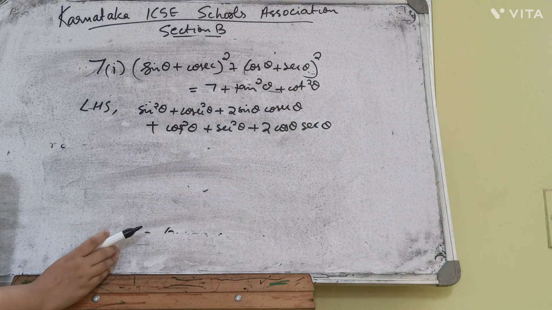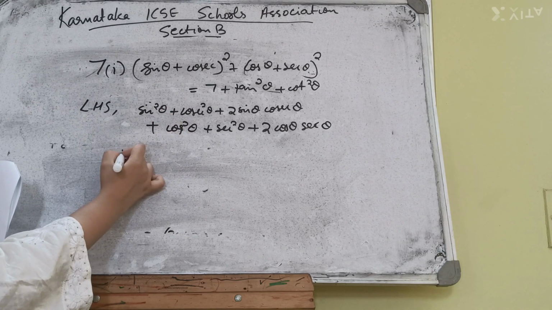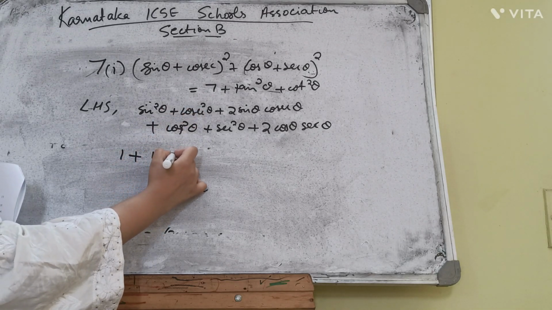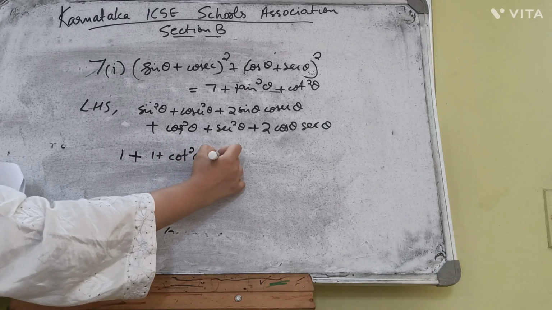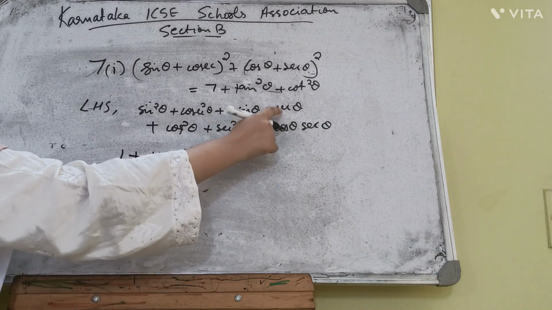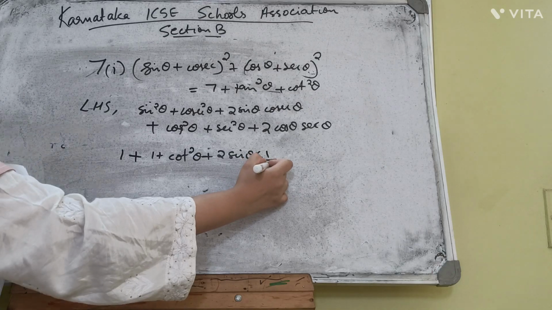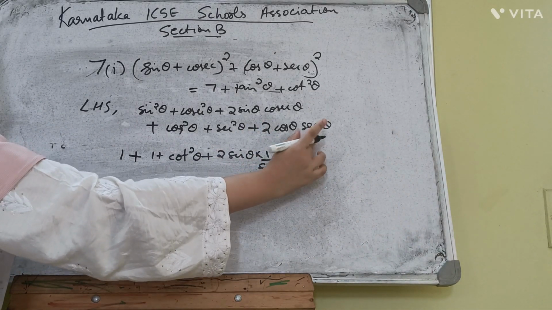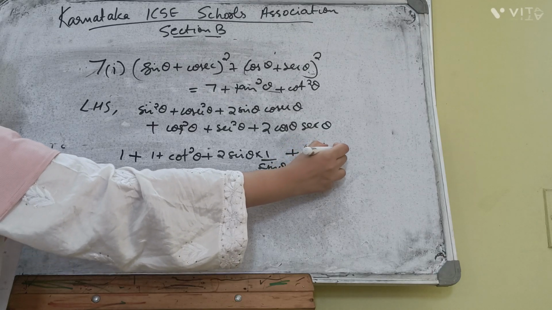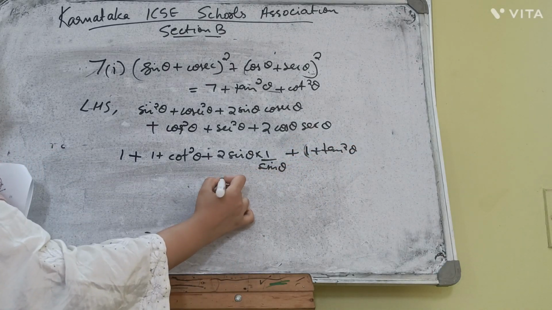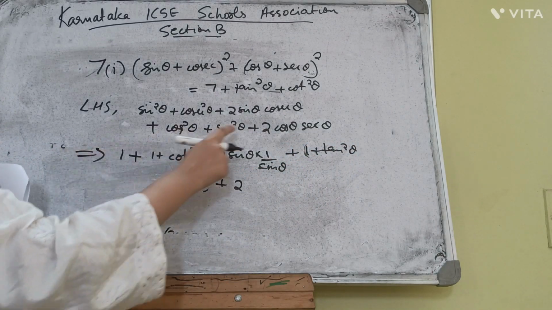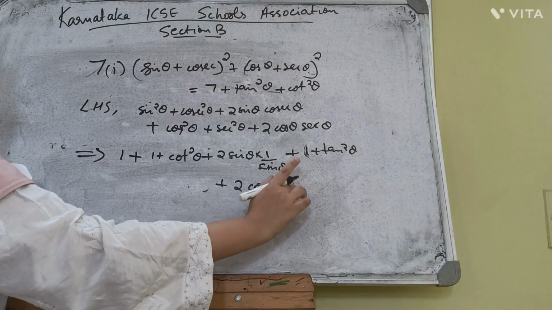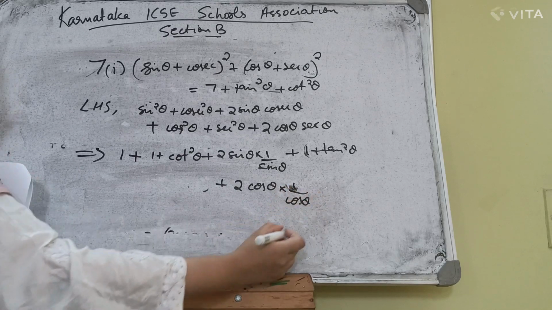Sine square plus cos square we know is 1, so we will directly write this as 1. Cosecant square is 1 plus cot square theta plus 2 sine theta. Cosecant here is 1 by sine theta plus secant square can be written as 1 plus tan square theta plus 2 cos theta into this secant is reciprocal of cos theta.